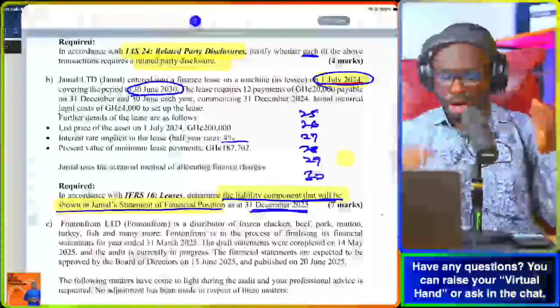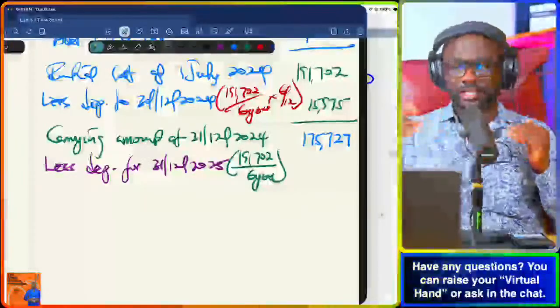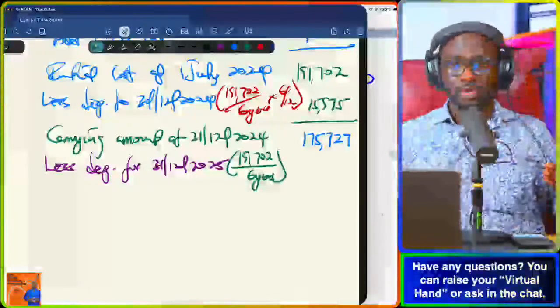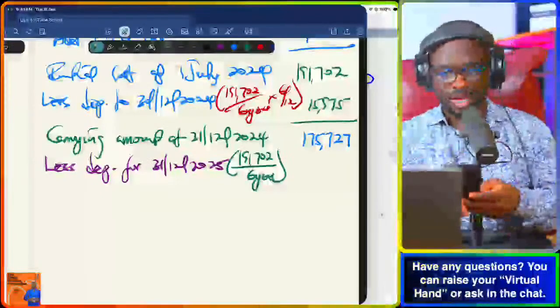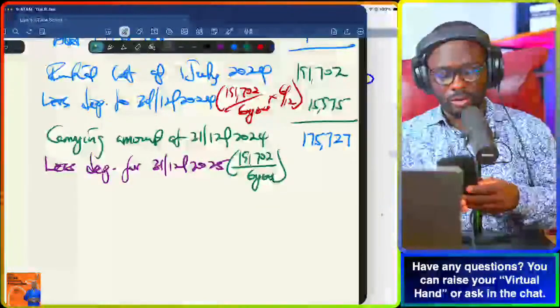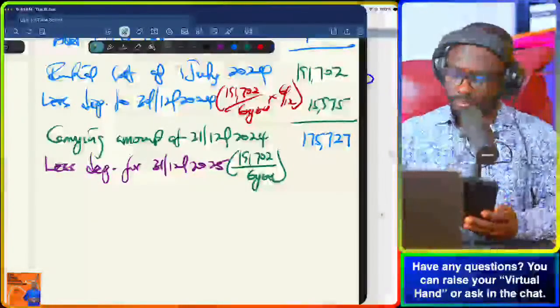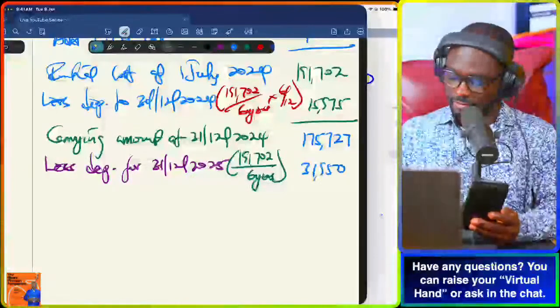The one that is lower will become the one we will use to depreciate the asset. But if there will be title transfer at the end of the lease, then we will use the economic useful life of the asset. So we will charge a full year depreciation here, 191,702 divided by 6, and that is 31,950.